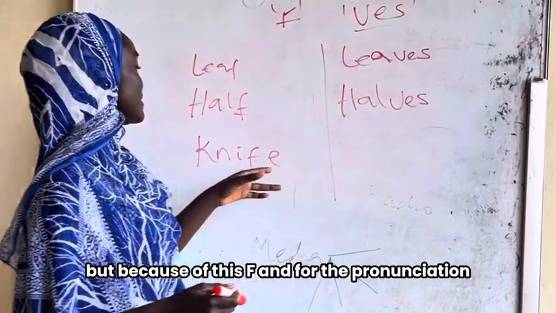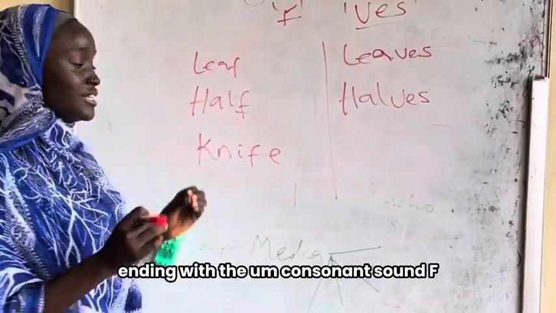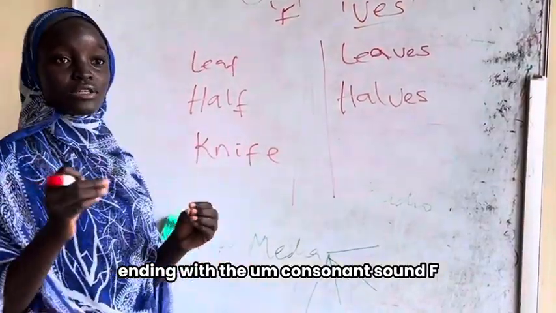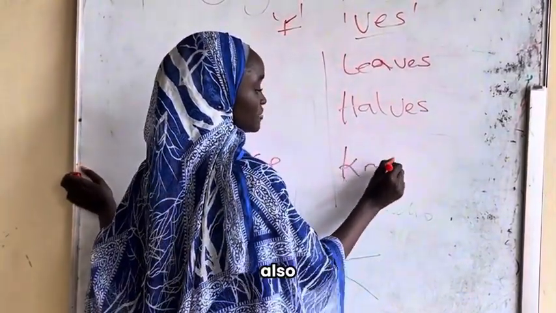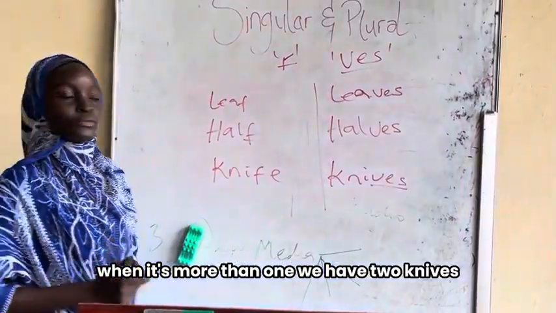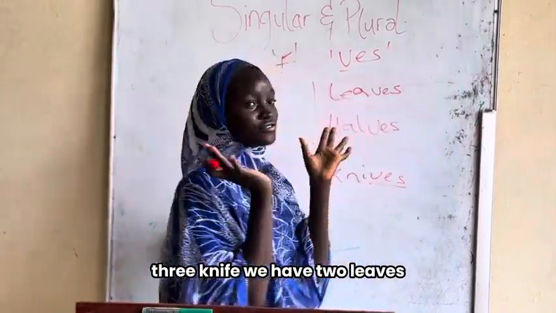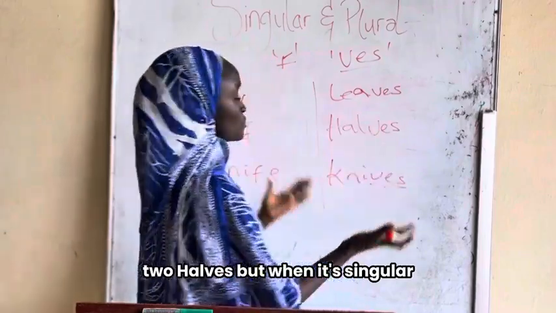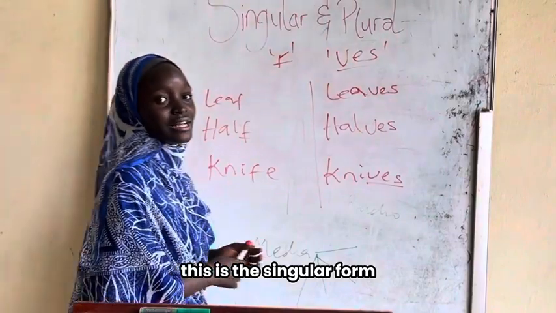But because of the pronunciation, knife ending with the consonant sound f, it takes the plural form of knives when it's more than one. We have 2 knives, 2 leaves, 2 halves, but when it's singular, this is the singular form.